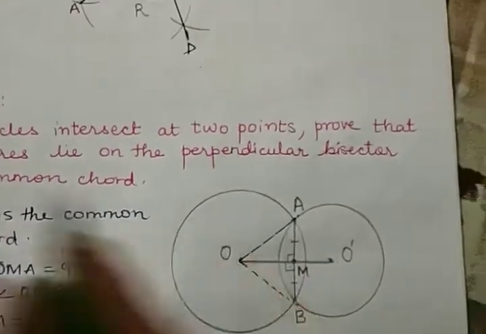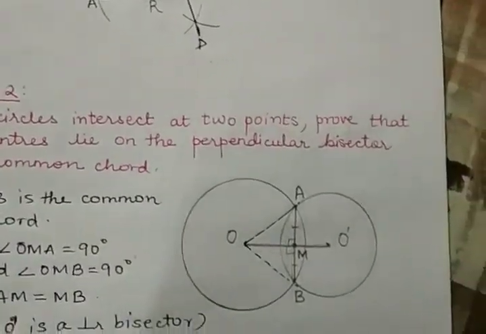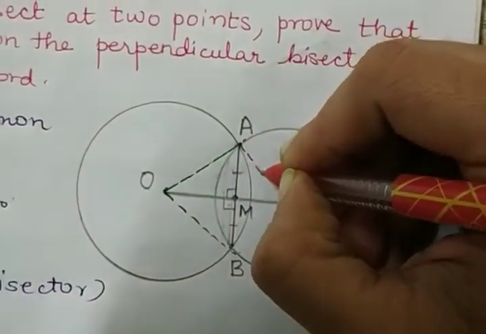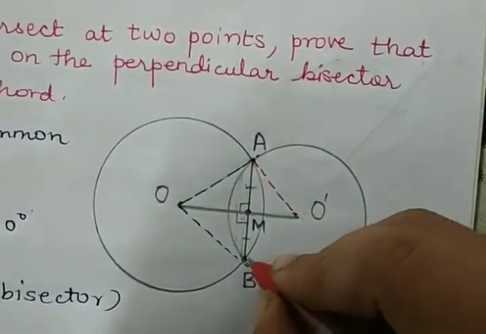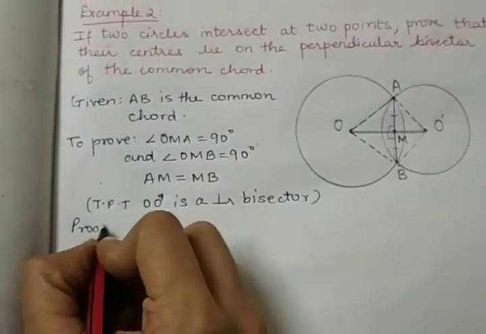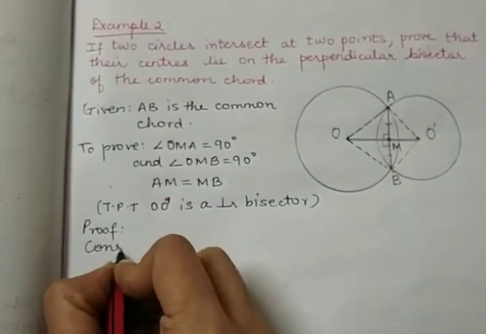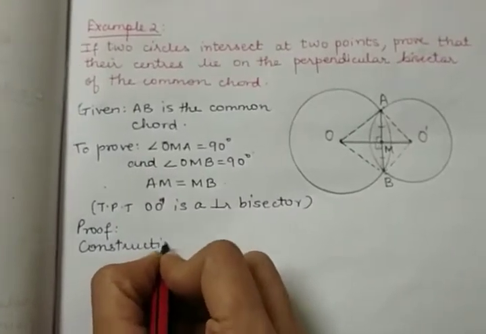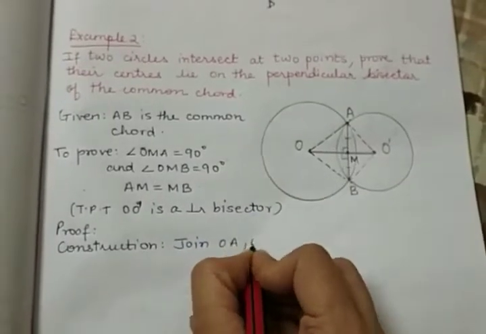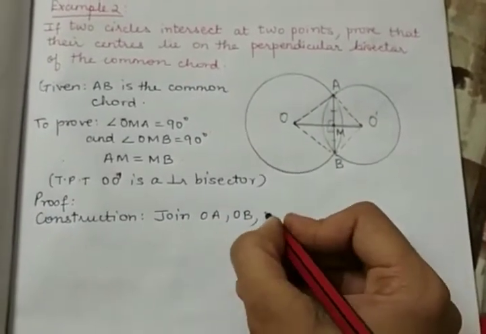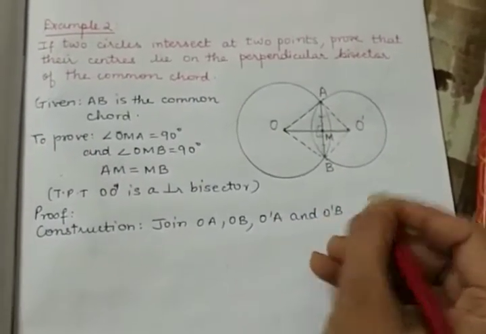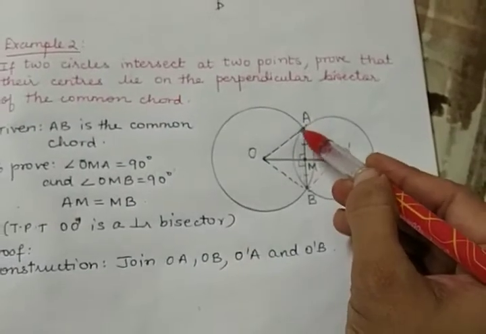These are the radii of the first circle, and also I join the radii of the second circle. So this is the construction that I have done. Join OA, OB, O dash A and O dash B. So I have joined. This gives rise to two triangles.